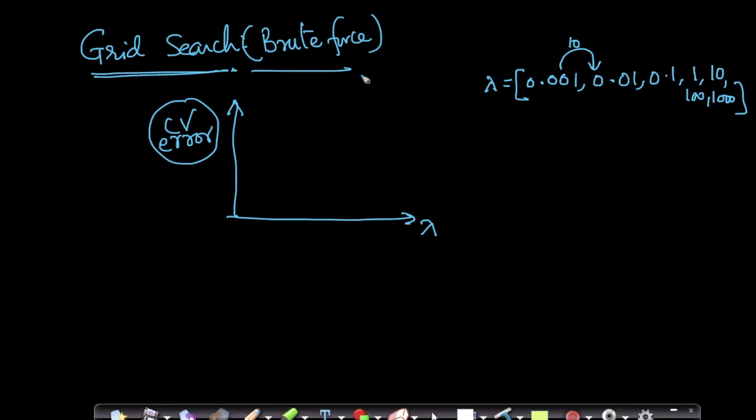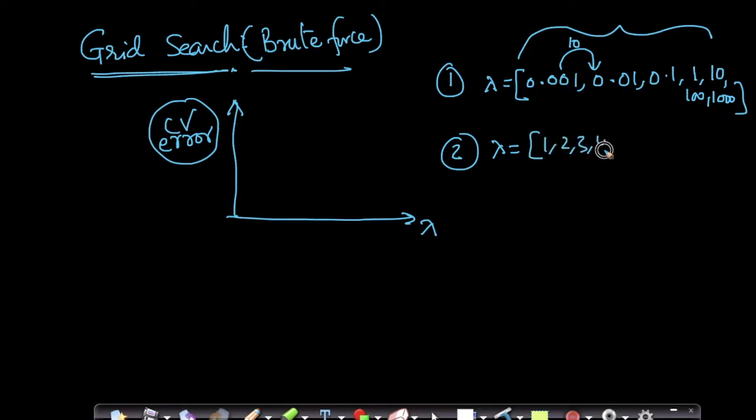This is like a brute force search. This is one way that people typically employ. Remember, this is not a proper hardcore algorithm. Grid search is like a heuristic. Other people could say, I don't want to search in this wide window, between 0.001 and 1000. I want to search in a much more limited range.